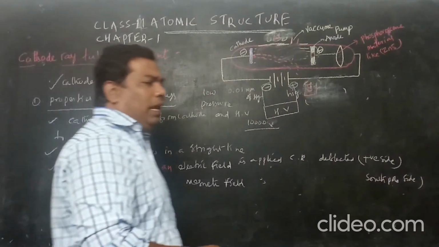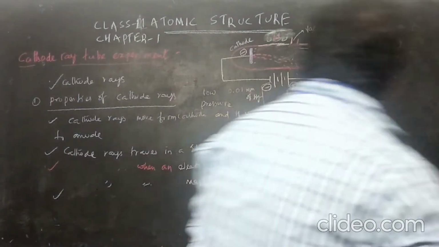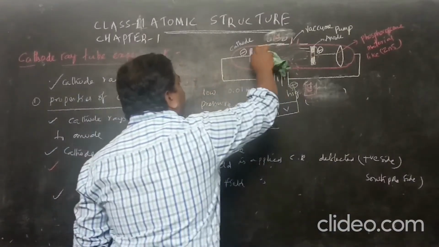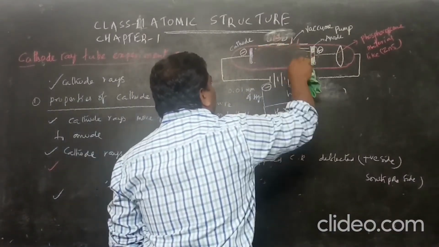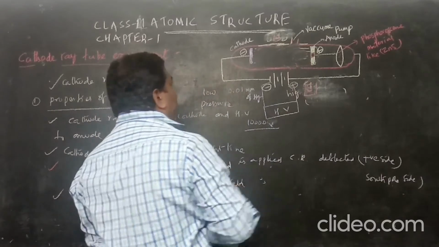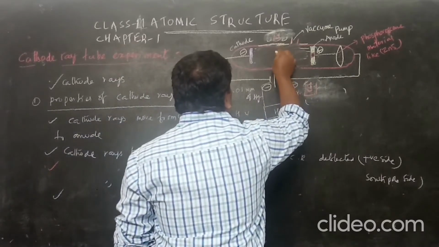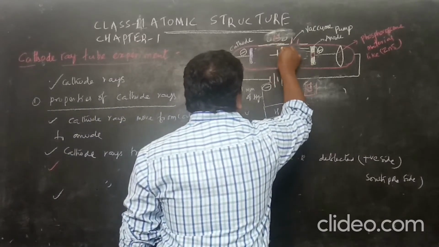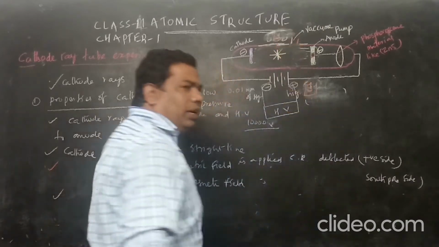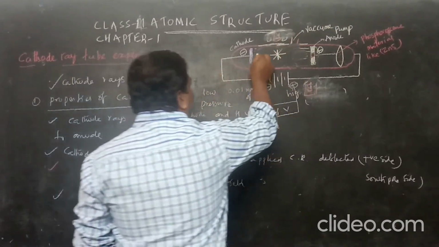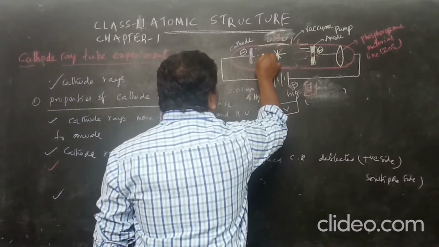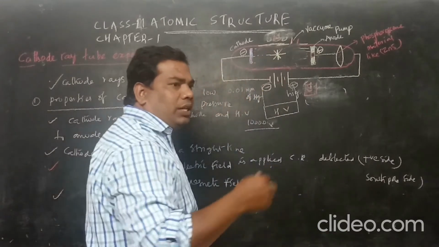If we place any paddle wheel here, these cathode rays have some kinetic energy.